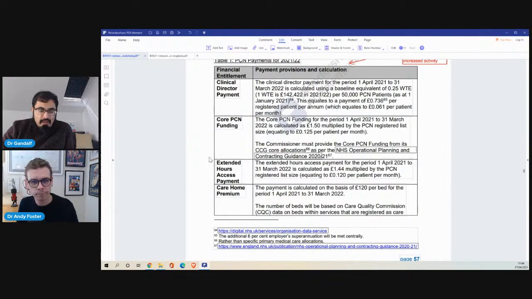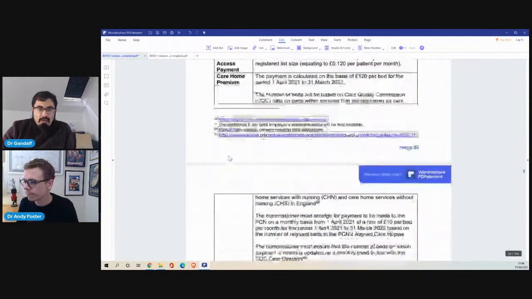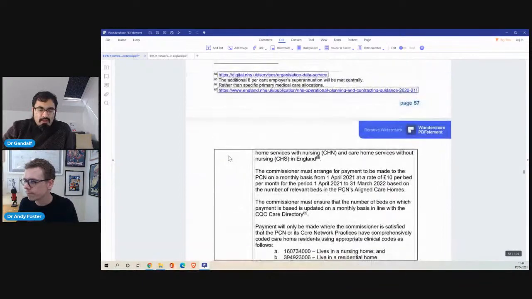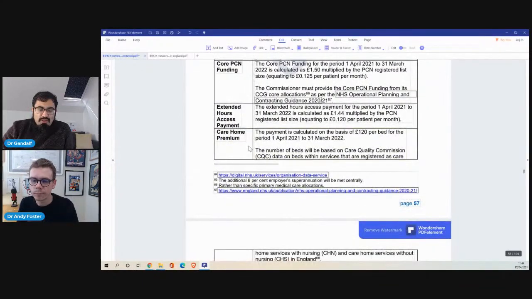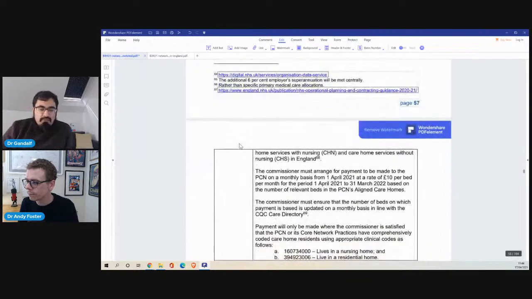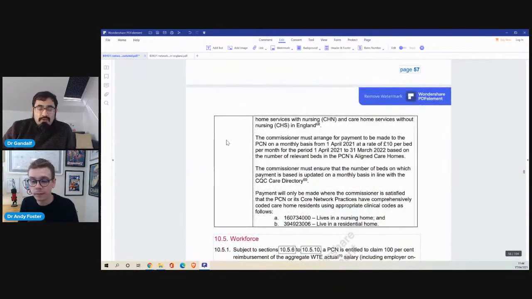And then the new one that came in part way through last year was the care home payment, so the £120 per registered bed, and it outlines what type of care home qualifications are for that. That's useful to know, because hopefully it helps to contribute towards the care home work that practices are now having to do, although I still don't think it's equivalent to the amount of work it actually generates, personally, but that's my view.